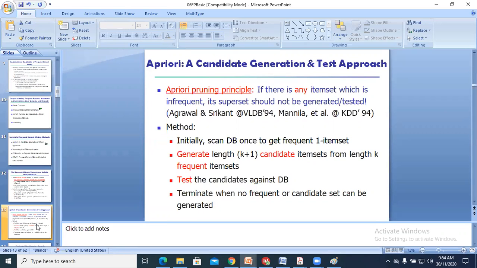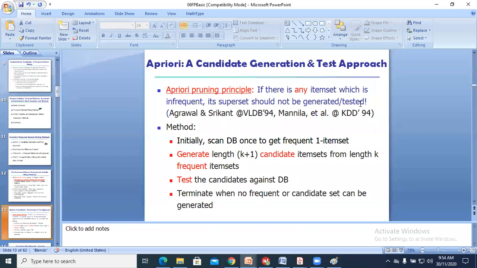So, Apriori, the candidate generation and test approach. For this, we will study the Apriori pruning principle. If there is an item set which is infrequent, its superset should not be generated and tested.